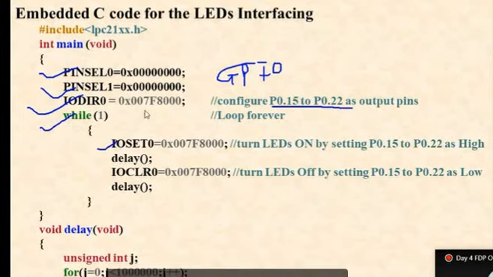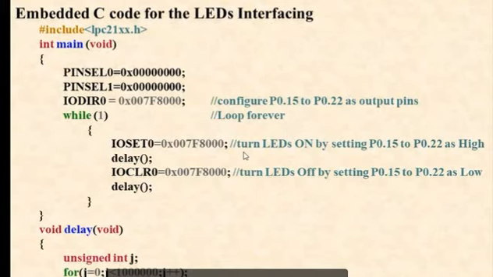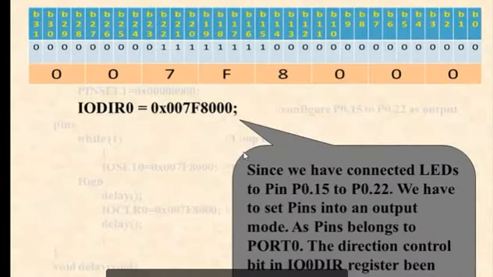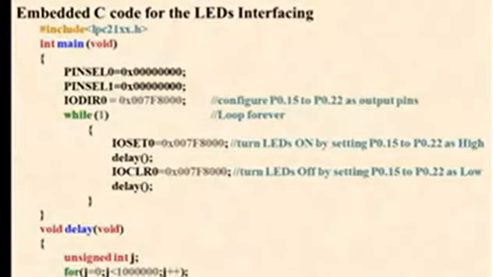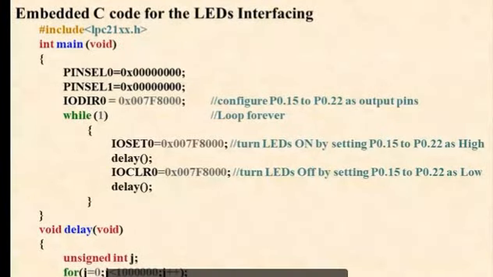Using the set instruction you are making those pins high, and using IOCLR you are making the same pins low, and this is your delay. So I hope this code is understood by you. Any doubt in this code? This is my code. Any doubt?